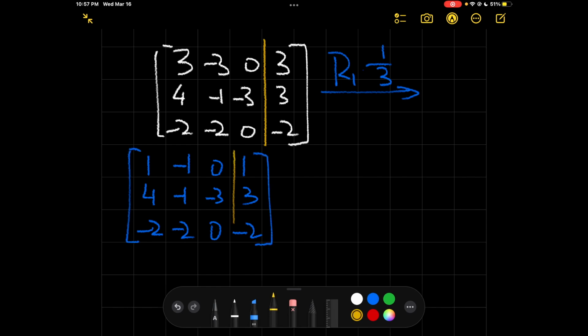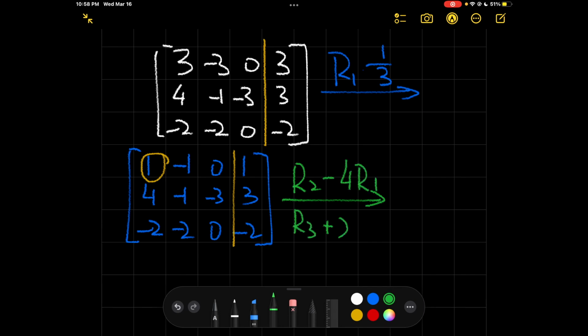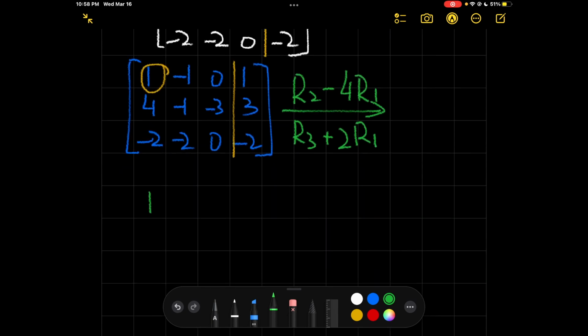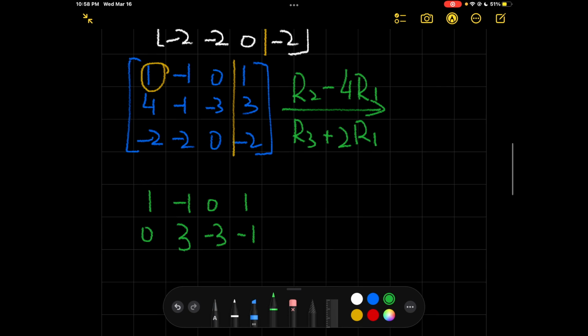Now we're using this as a pivot point to knock out column 1. What we can do is row 2 minus 4 row 1 and row 3 plus 2 row 1. What we got is 1, negative 1, 0, 1, 4 minus 4 is 0, negative 1 minus 4 times negative 1 is negative 1 plus 4 is 3, negative 3 minus 0 is negative 3, and 3 minus 4 is negative 1.